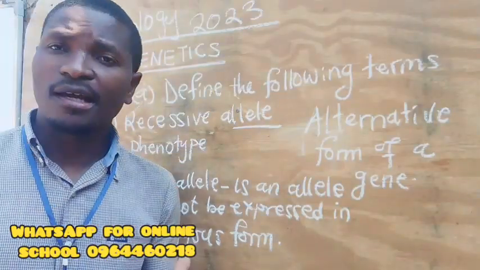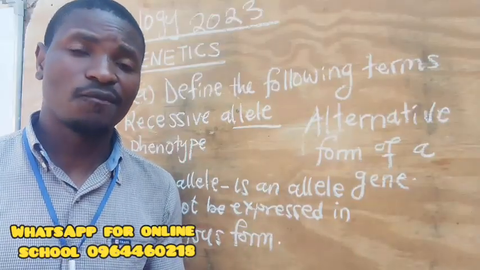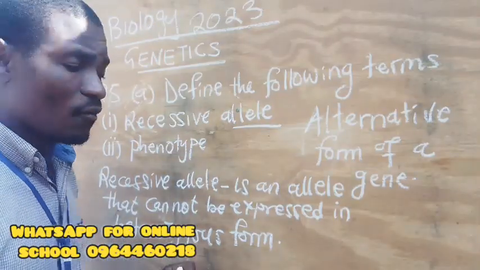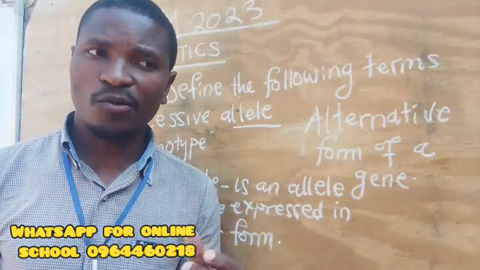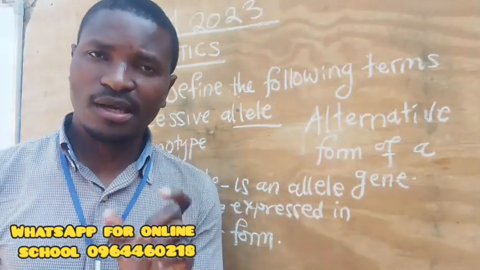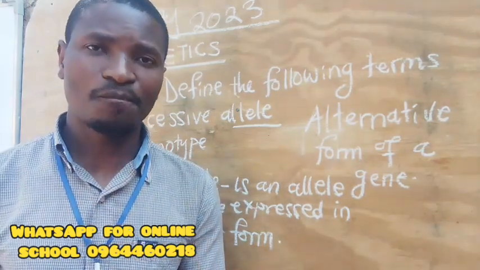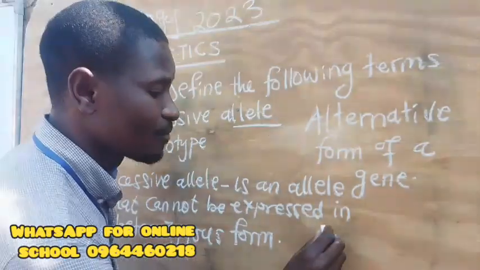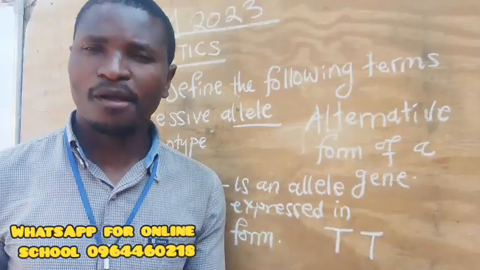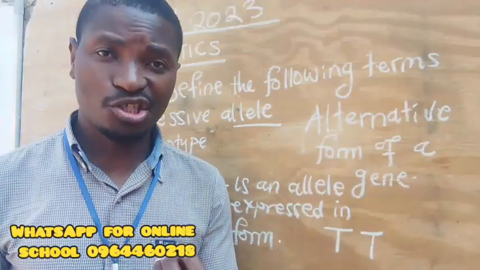It is a type of gene that cannot be expressed in the heterozygous form. For example, if I want to understand a gene in terms of height, tall or short, that can be expressed in what we call alleles. For a tall person, we have, let's say, capital T, capital T. The capital letter T is called a dominant gene.